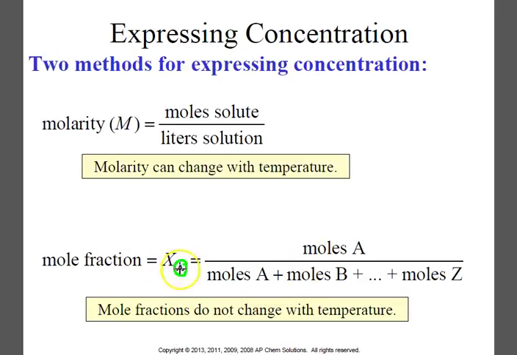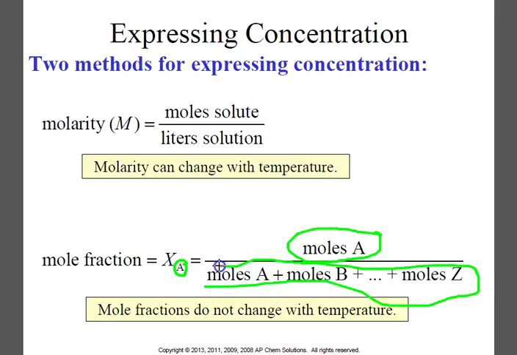So then whatever you're finding the mole fraction of, the moles of that thing go on the top, and then the moles of the entire solution go on the bottom. So moles of everything on the bottom, moles of the thing that you're looking for on the top. So if I wanted to find the mole fraction of oxygen in the air, I would put the number of moles of oxygen in my sample on the top and the moles of everything, including the oxygen, on the bottom.